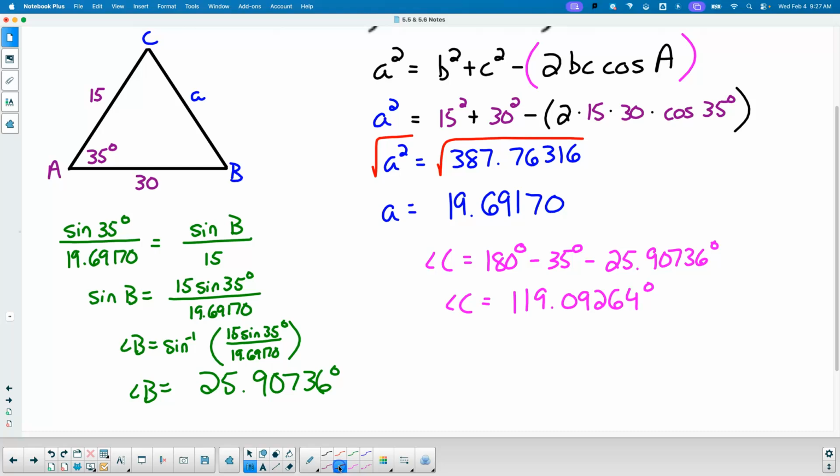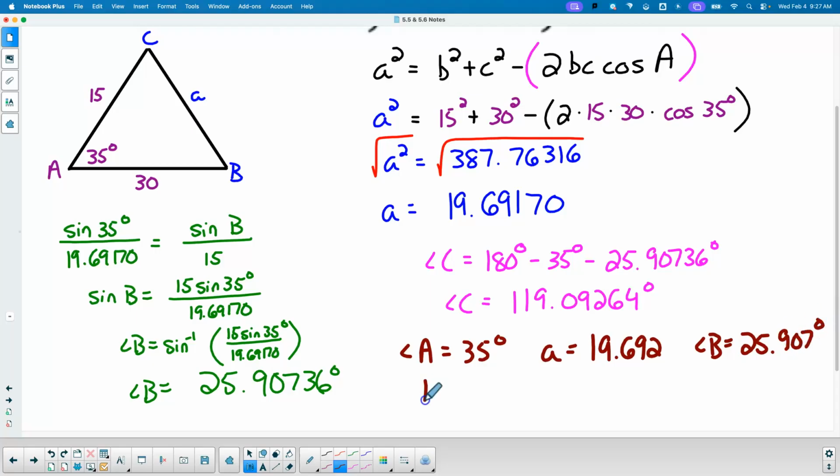So, angle A was 35 degrees. Side A was 19.692. Angle B was 25.907 degrees. Side B was 15. Angle C was 119.093 degrees.